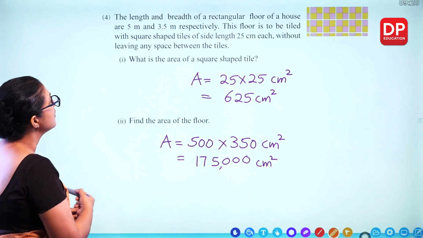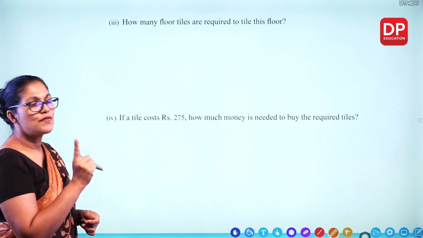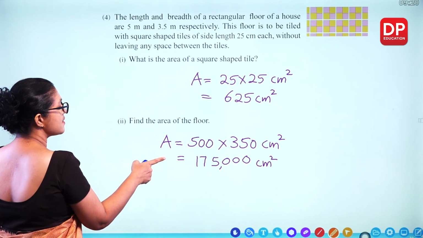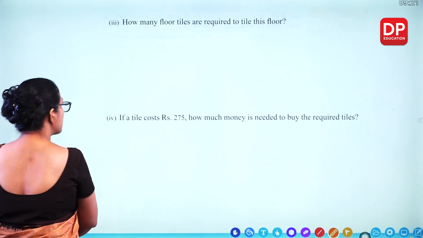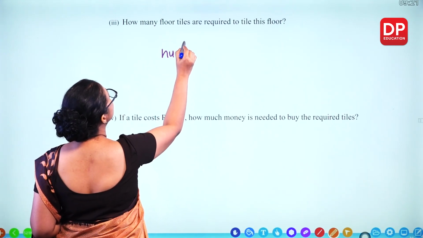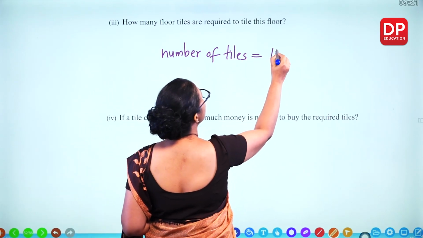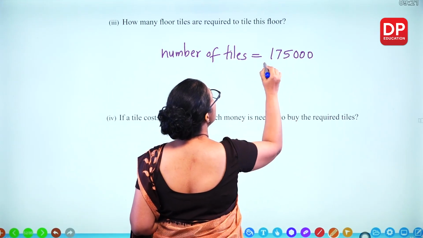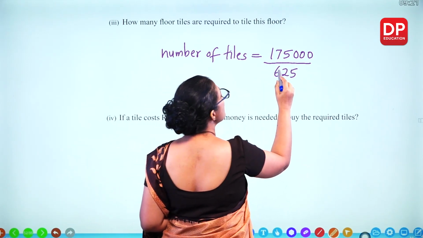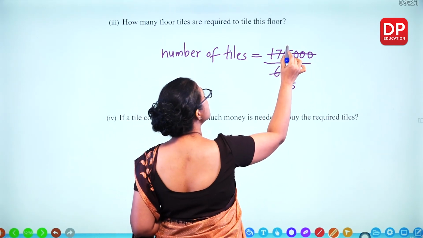Then the next part they ask, how many floor tiles are required to tile this floor? So you can divide. So the total area is 175,000 and 625 for area of the tile. So number of tiles: 175,000 total area, divide by 625. 25 times 25. 25 times this one is 7.